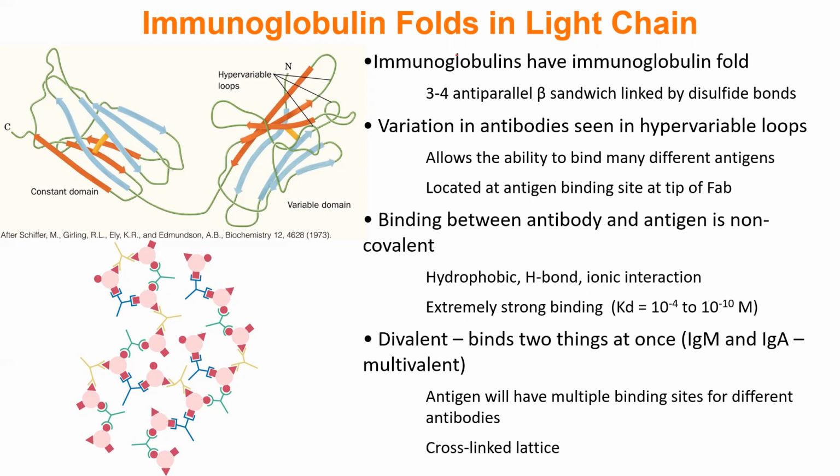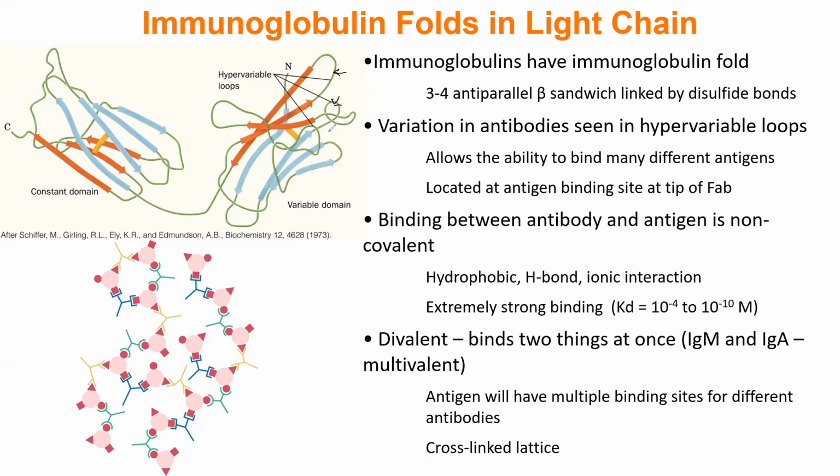In this fold are the hypervariable loops. That's what's being pointed to here in green. These green parts of your protein don't really have structure, and they're variable. They can be any amino acid, and they're found at the very tips of your antibodies.